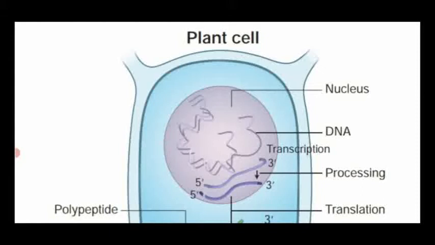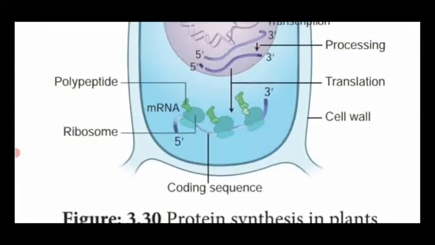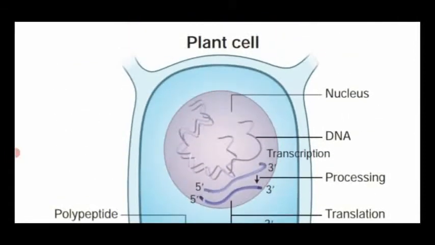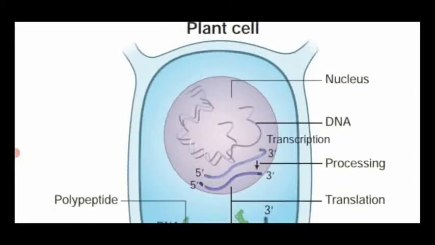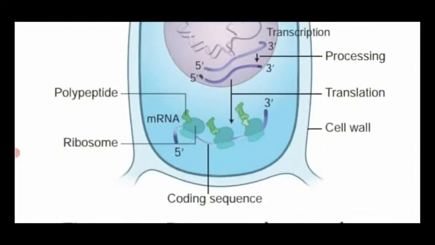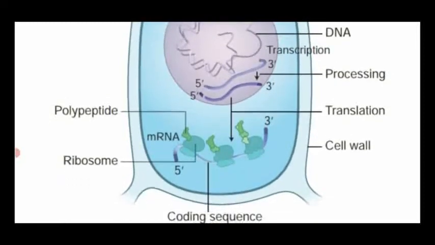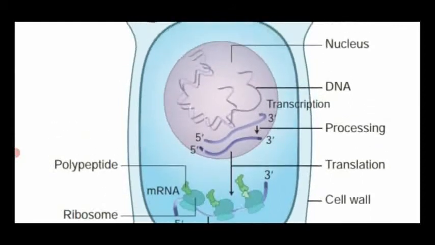This is the plant cell, which is made up of cell wall. Inner to the cell wall, it has the plasma membrane or cell membrane, which encloses the protoplasm. Protoplasm is divided into two regions, one is the nucleus, another one is the cytoplasm.